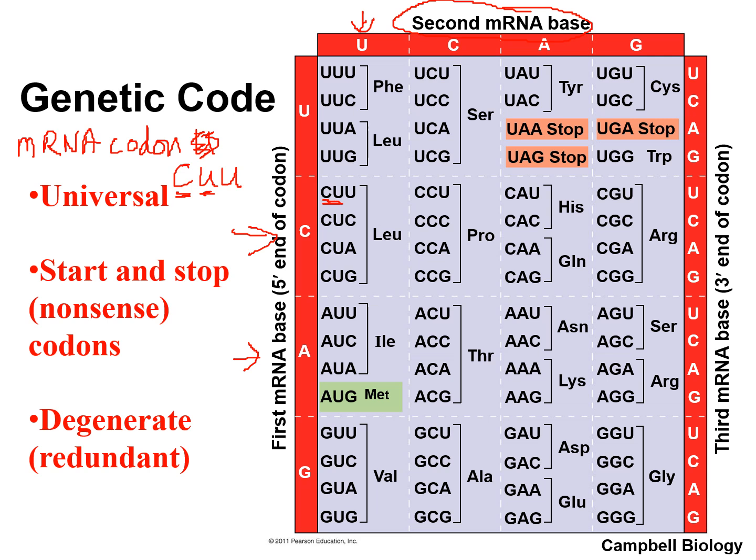And so if you know that you're in this second row, first column, then you know that you've got to be this U here. And so you go over and you're like, oh, there's the one I'm looking for, CUU. And you can see that that codes for the amino acid leucine. So that's how you use this genetic code table.